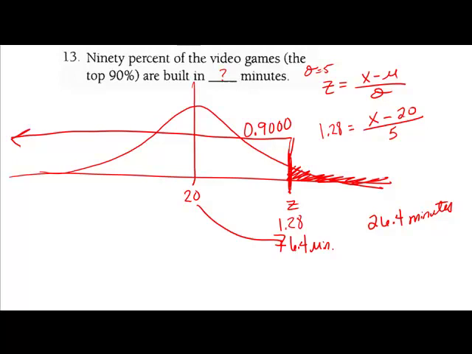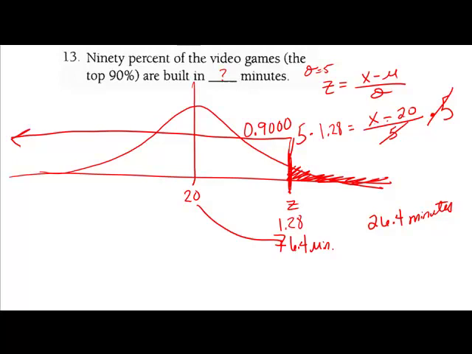So now you're having flashbacks. This is some serious high school math here, because we've got to solve for X. We got to move these parts around. So how do we move them around? Well, if you want to move something that's division, you have to multiply by it on both sides. So that cancels that out.